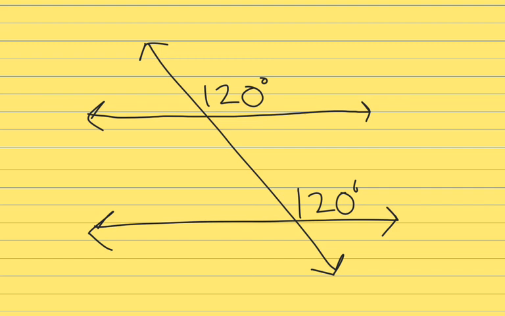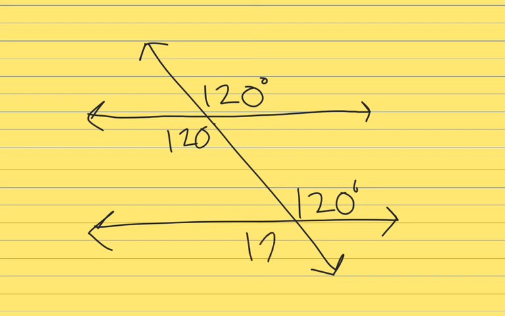I could then go on to say that this one has to be 120 degrees. The reason being that this angle and this angle are vertical angles, and therefore they have to be congruent. But I could also say that this angle and this angle are alternate interior angles, and therefore have to be congruent.